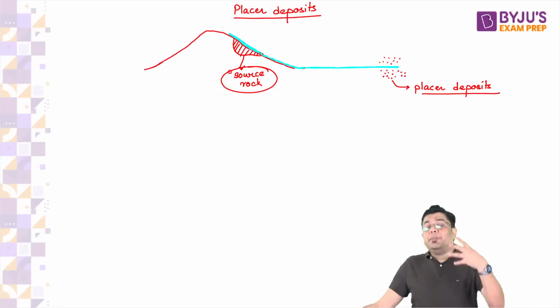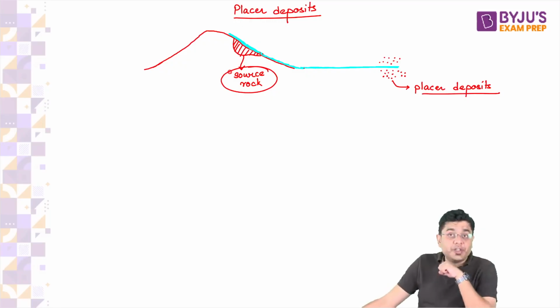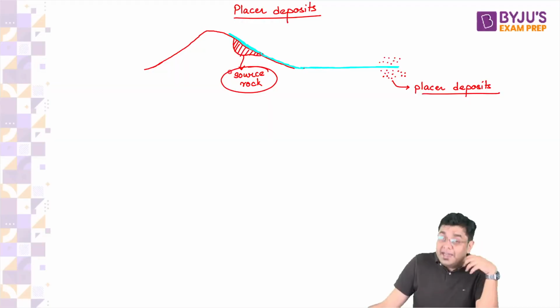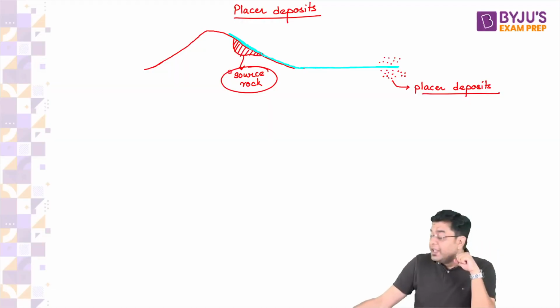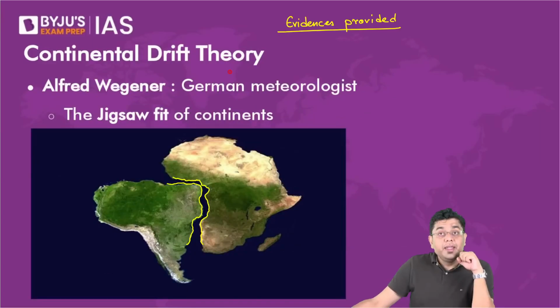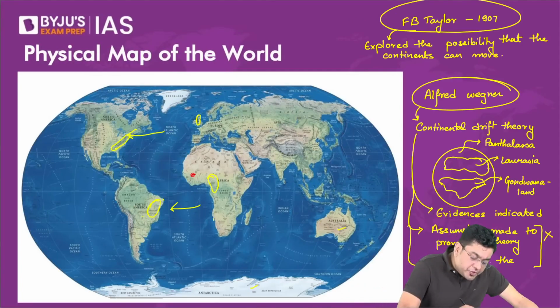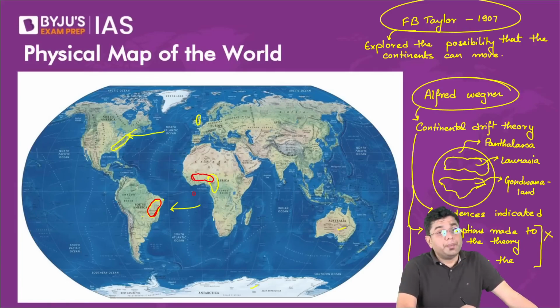Upon greater deliberation and investigation, he found out that the source rock for those placer deposits is to be found where? In the eastern part of South America. So the gold deposits present in Western Africa had their source rock in the eastern part of South America.